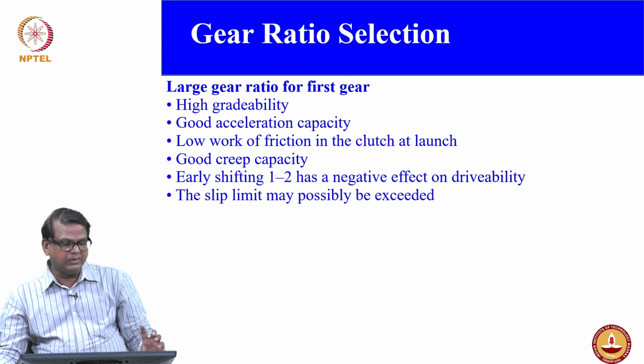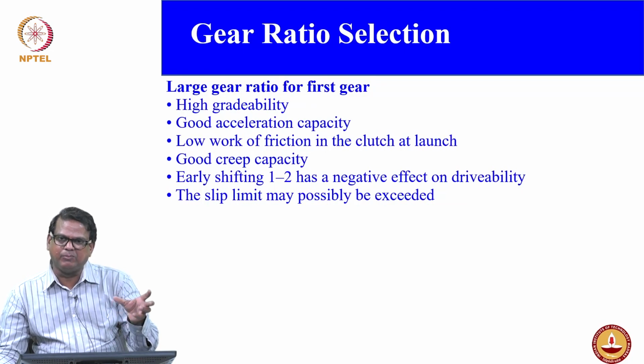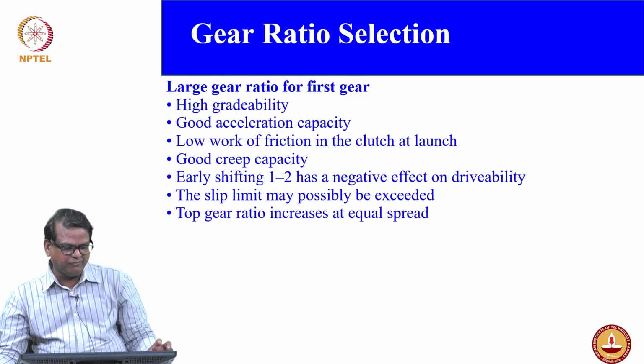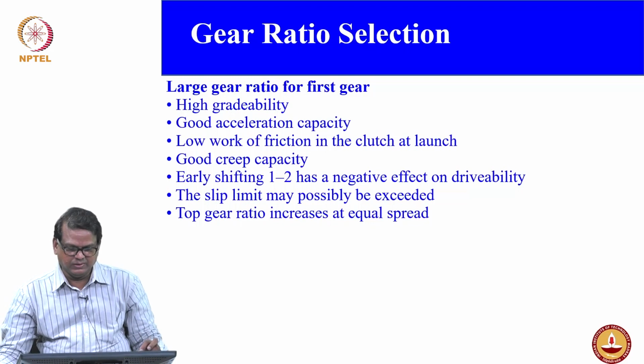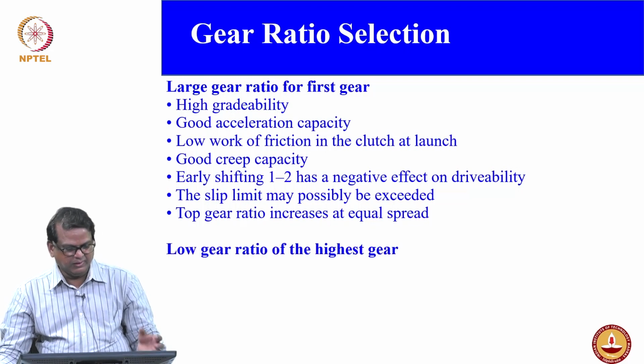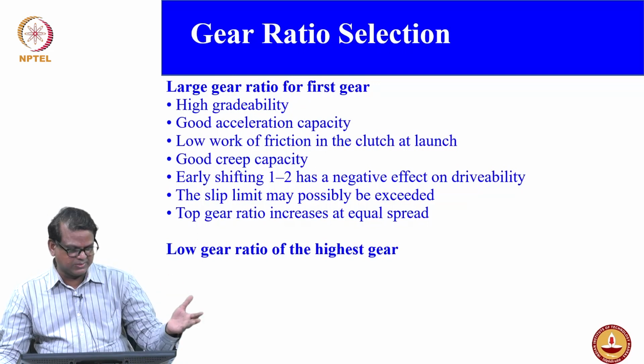The slip limit may possibly be exceeded. Sometimes slipping will be exceeded, so the moment you try to engage the clutch, you may not be able to hold it also. That you also have to take care of. The top gear ratio increases at equal speeds. That is also something you need to maintain. This is typically for the first gear, which is nothing but the larger gear ratio.